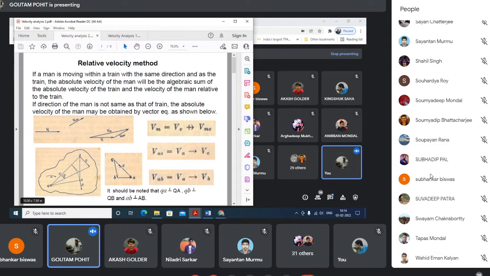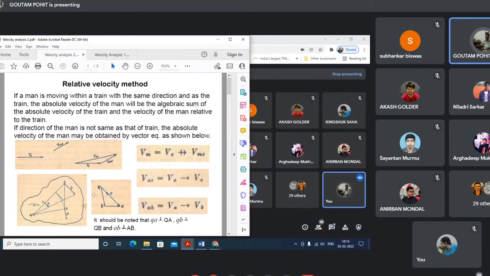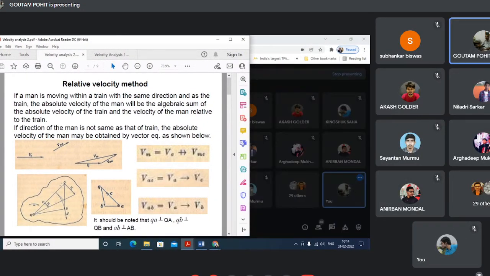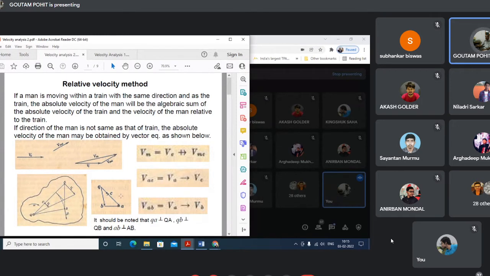Now, if I take a pole Q, where we are indicating the absolute velocity direction from the point Q with some magnitude and direction, then QA represents the velocity VA in magnitude and direction, because QA is parallel to these directions.